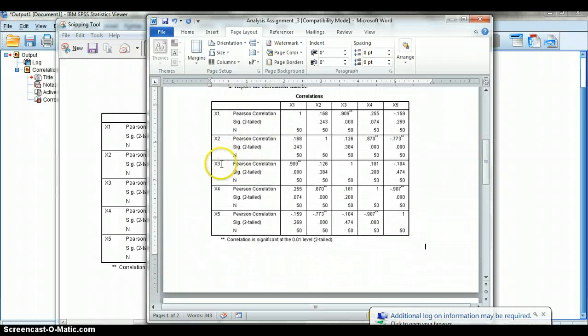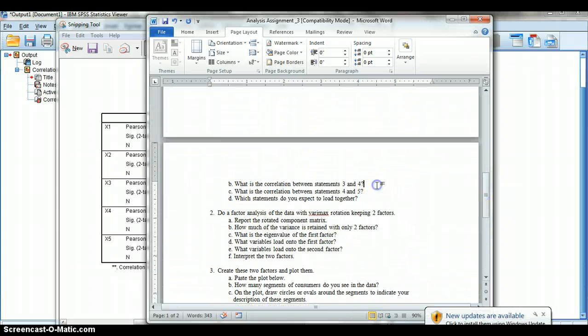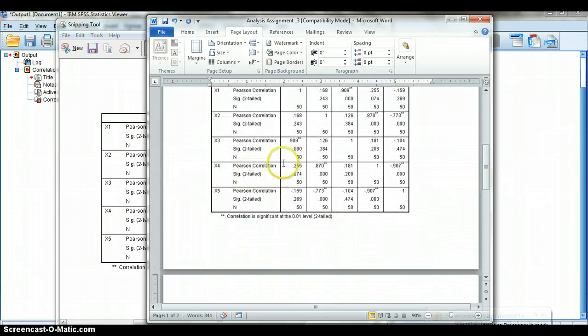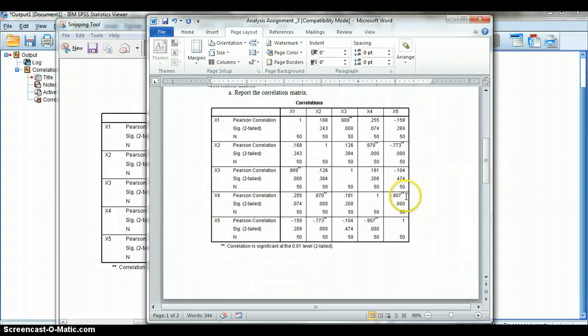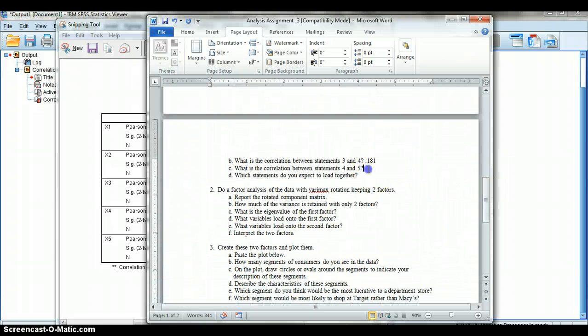Okay, 3, 4, 0.181. See that? 0.181. What is the correlation between 4 and 5? 4, 5, negative 0.907.